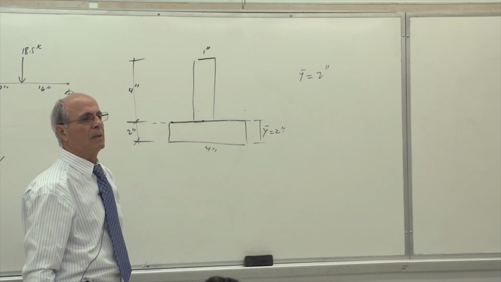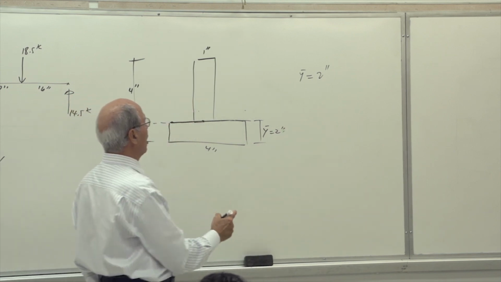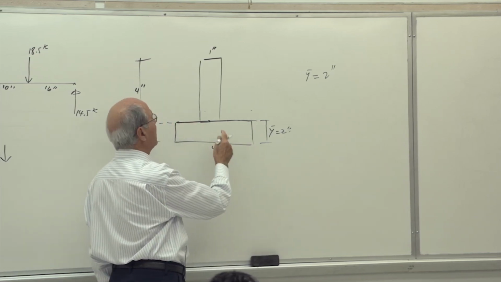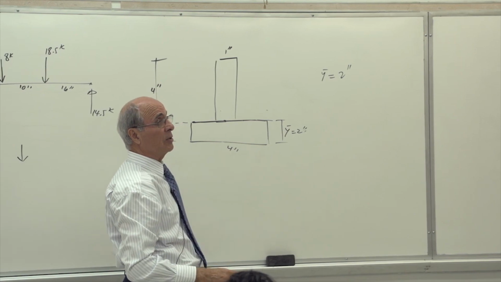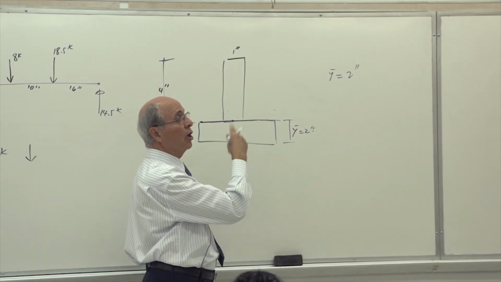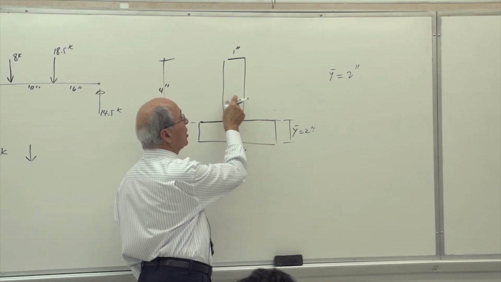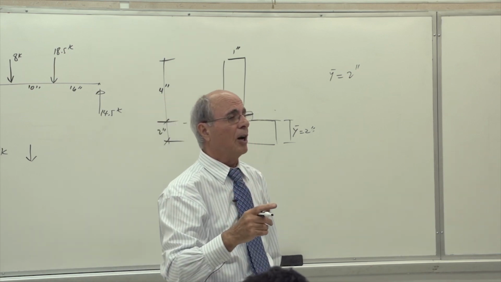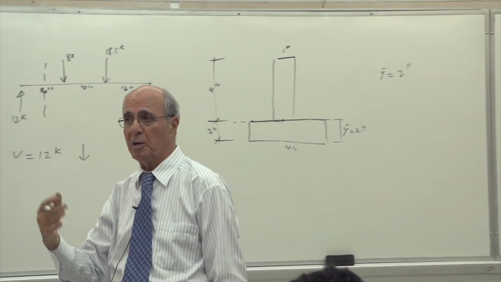Okay? So now I need to calculate I. Where do I need to calculate I? With respect to this neutral axis. Both of them need the parallel axis theorem. This is a special case. I can use the other number. This is on the base of the rectangle, so the answer I is 1/3 of base times height cubed. If you want, you can use that, but you don't need that.